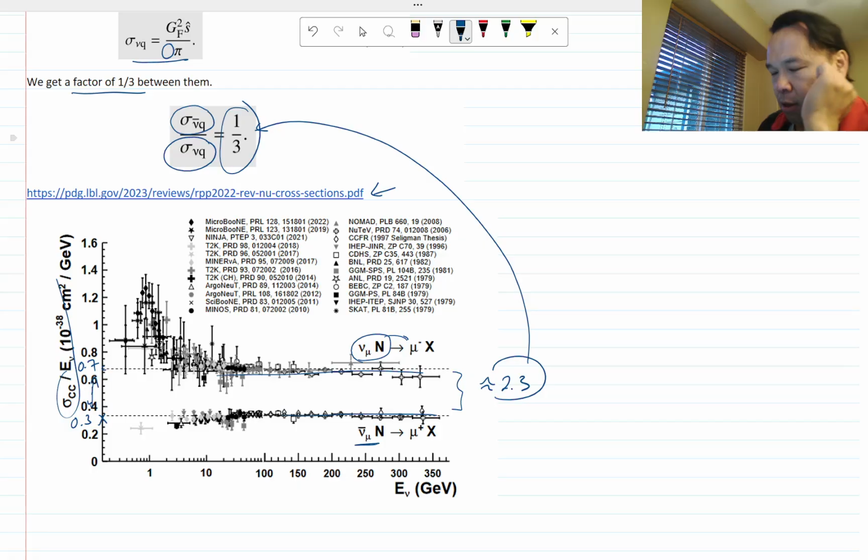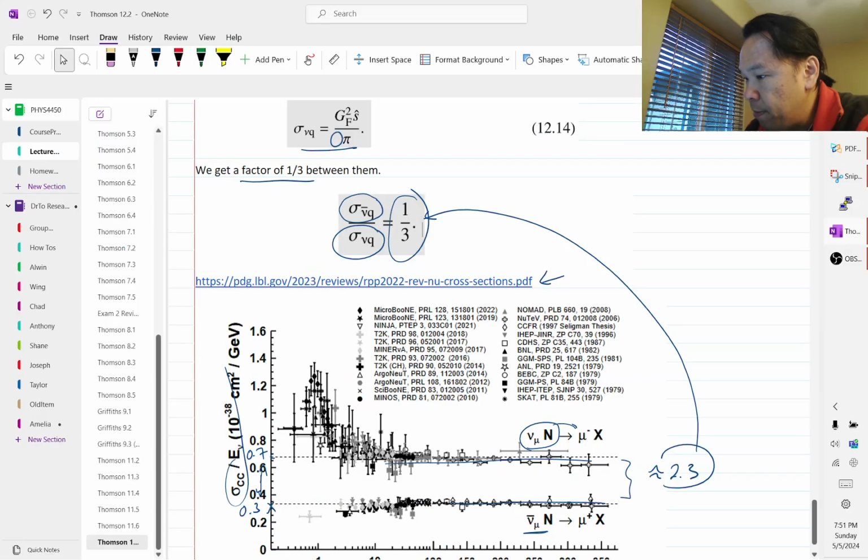This is due to other higher order corrections that we have to deal with. But you can see that as we increase in energy, we end up with this constant ratio between antineutrino and regular neutrino interactions, which is pretty neat. All right, let's wrap that up, and then we'll do a little example of how to calculate this in the homework.